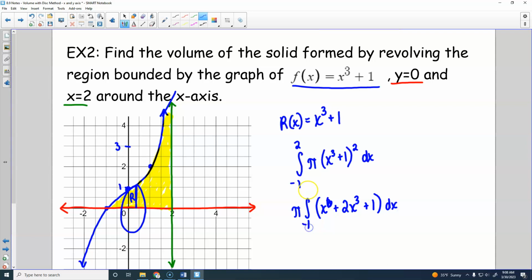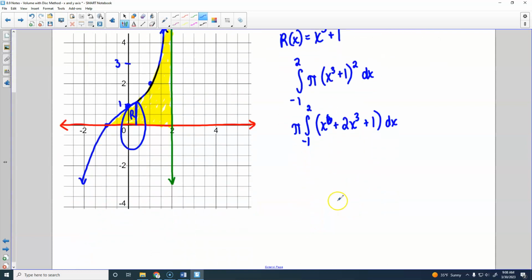We're evaluating this from -1 to 2. So we will have pi times 1/7 x to the 7th plus 1/2 x to the 4th plus x, and we're evaluating that from -1 to 2.